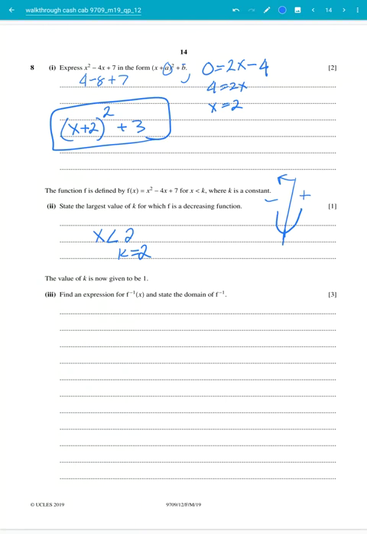Okay, now k is now 1. So k is now over here. Find the expression. Okay, so I'm going to jump domain, that is the range of your input, of your original. So if our domain, if we're looking at 1, our range, if we plug 1 into the original equation, is 12.